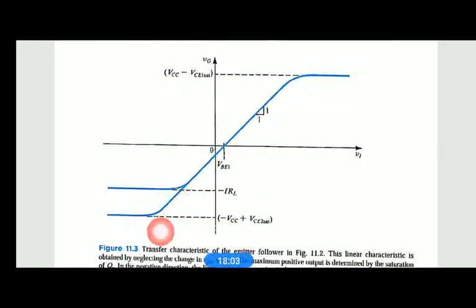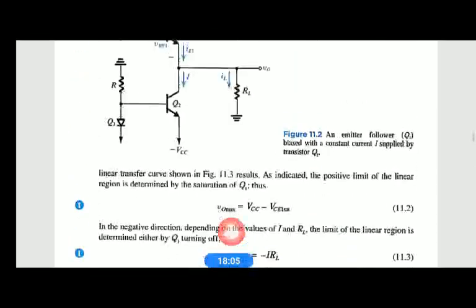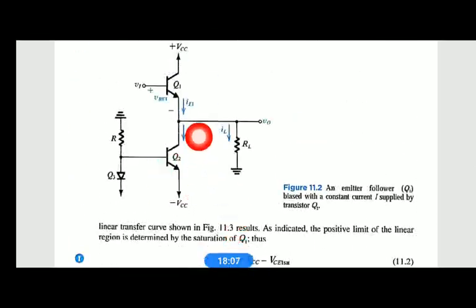This continues up to when the transistor gets saturated, meaning when I is at its maximum, or when VCE of Q2 gets saturated, the maximum voltage between collector and emitter of Q2.